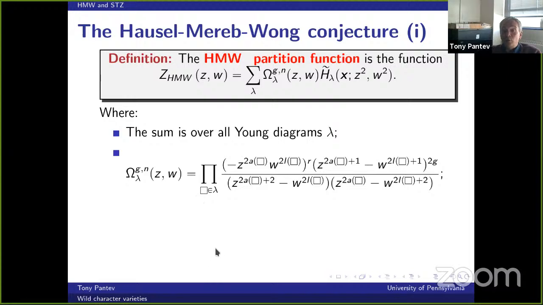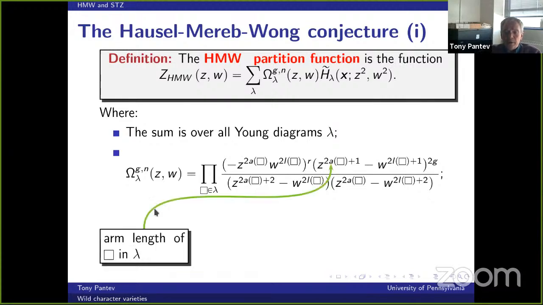It's a modified Hook polynomial. So it depends on the Young diagram lambda, it depends on the number g and on n. n was the order of the pole. And it has terms which depend on the size of the matrices I'm dealing with, on the genus. They appear as exponents.